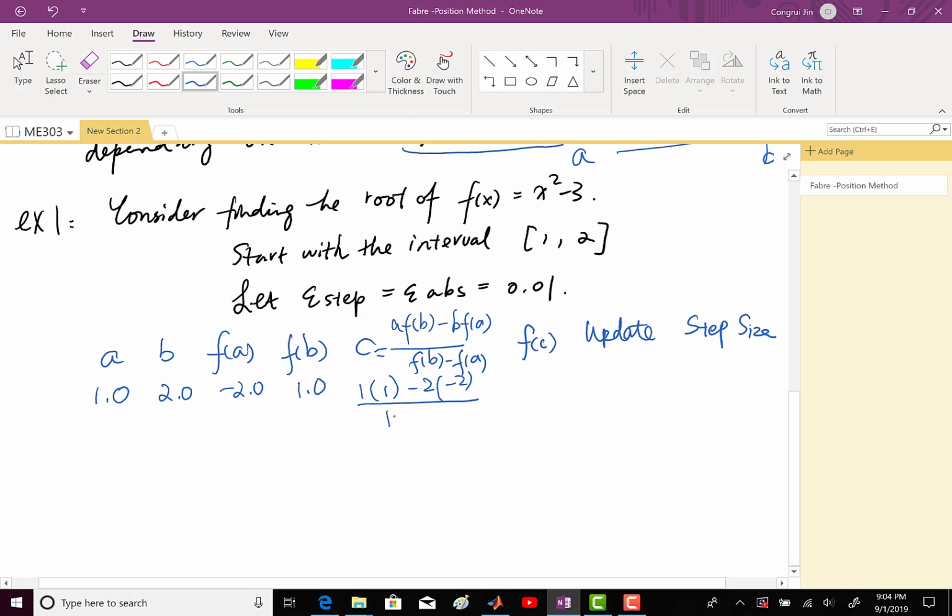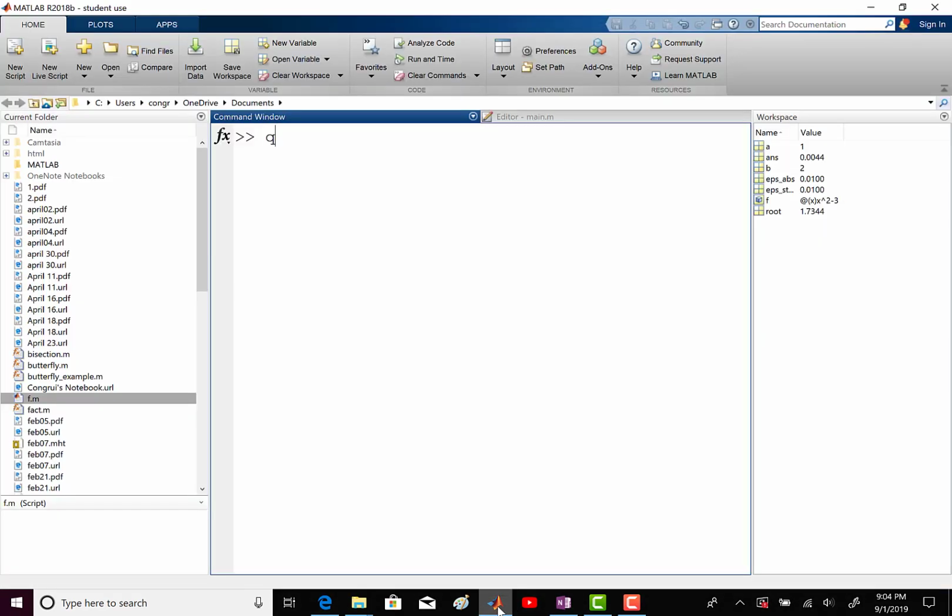And then FB, which is 1, minus FA, minus negative 2, right? So this will be equal to 5 over 3, which is 1.6667. So let's evaluate FC, which is 1.6667 squared minus 3, right?